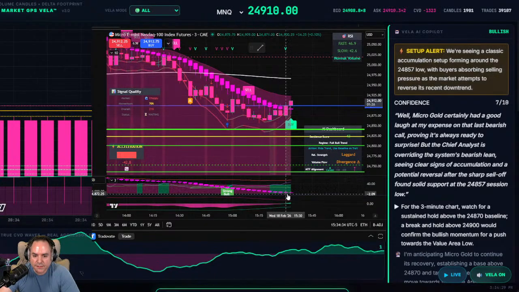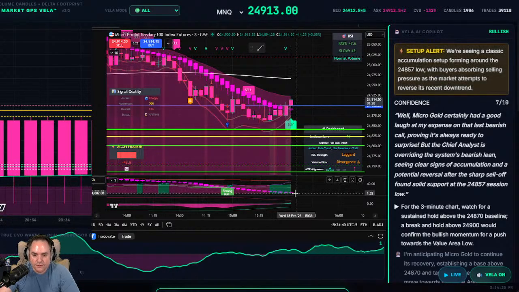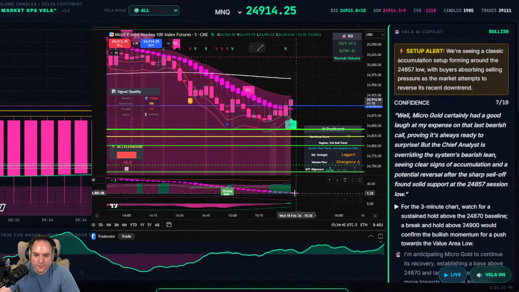And look at that trend candle here in the 3 minute. It got real tiny here. So I think Vela might be right. It's a good thing I didn't go for that short.